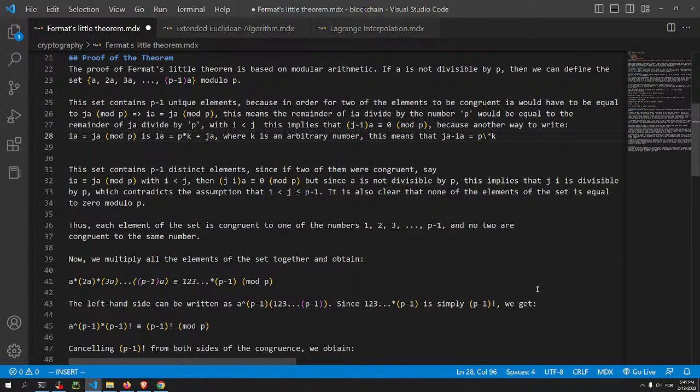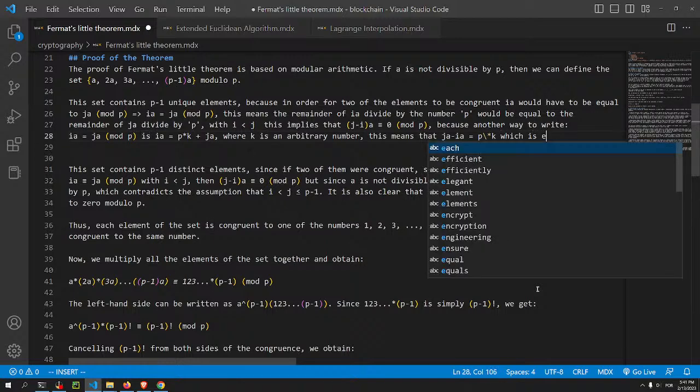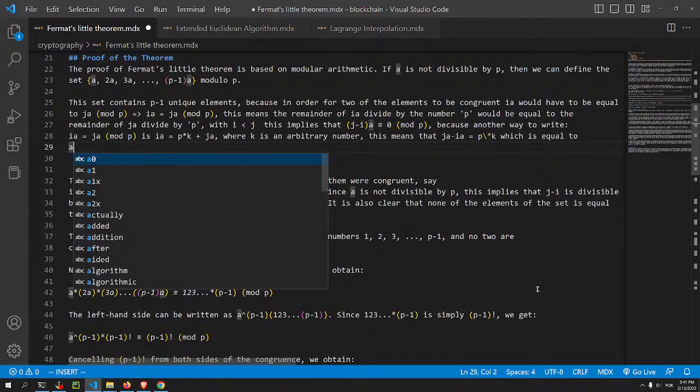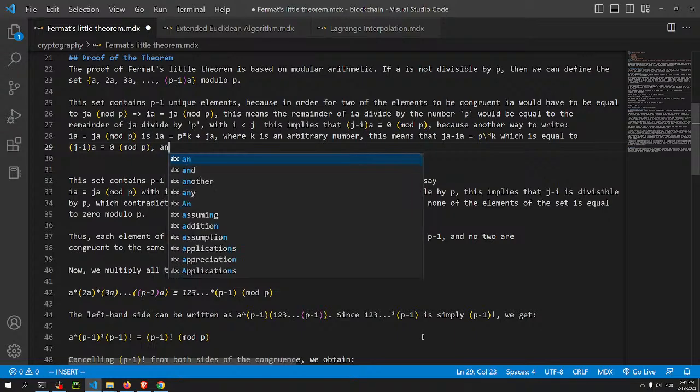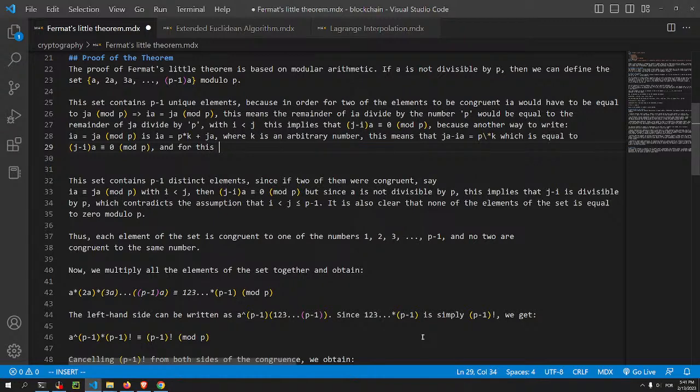This means that, which is equal to... remember this set contains p unique elements because in order for two of the elements to be congruent, ia would have to be equal to ja mod p.